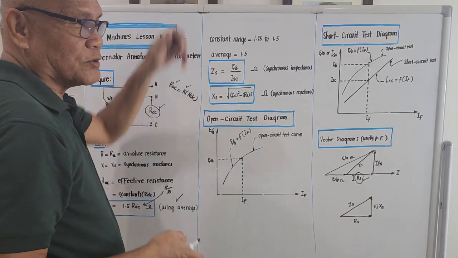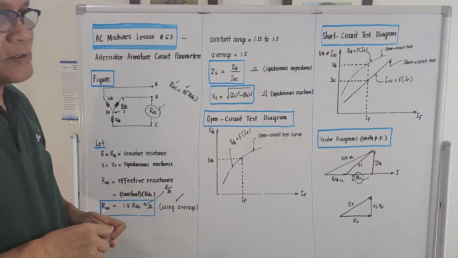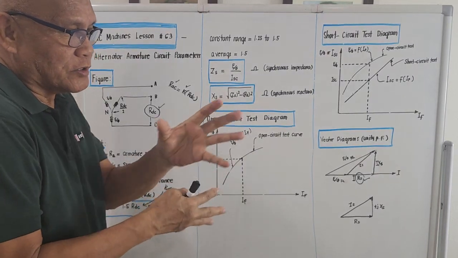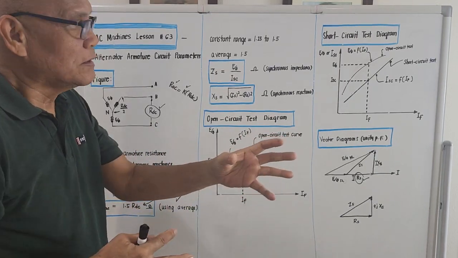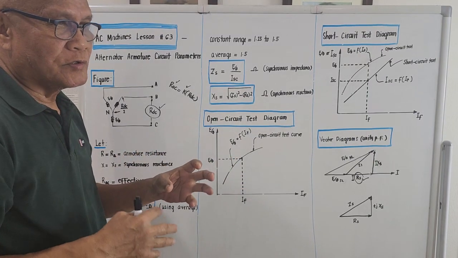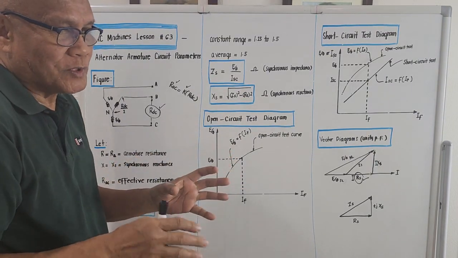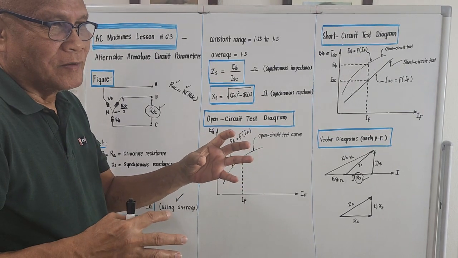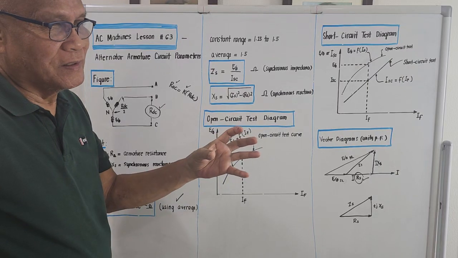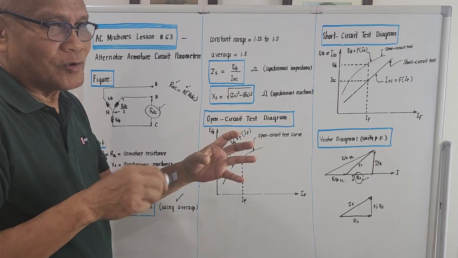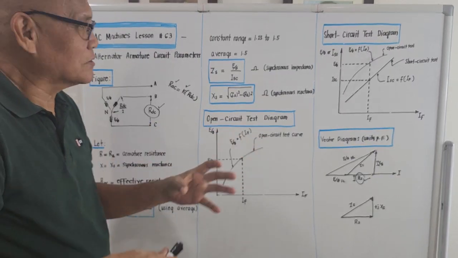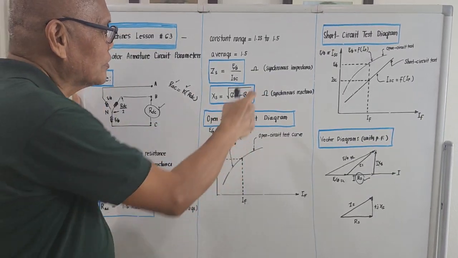Synchronous emanates from the fact that before alternators generate voltage feeding our transmission lines or grid lines, the speed of the alternator should be equivalent to the speed of the prime mover. Like in hydro, the synchronous speed should be the synchronous speed of the turbine driving the alternator. So there is a term here, synchronous impedance.